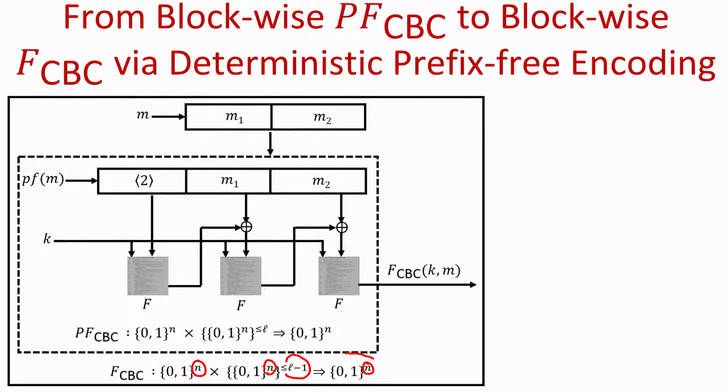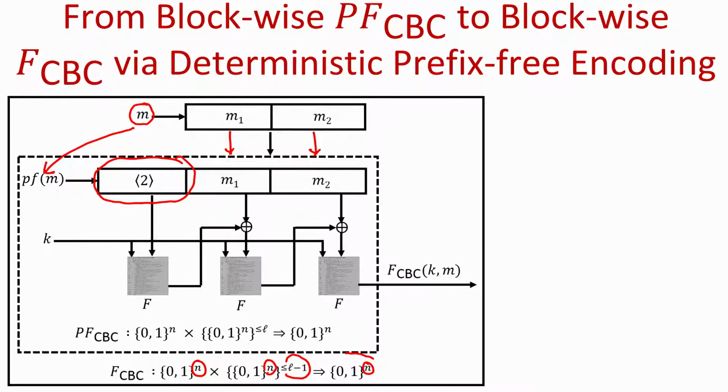So, what we will do is first convert this input M by applying our deterministic prefix free encoding. Namely, this message M is converted into an encoded input, and when we convert it into an encoded input, the message blocks are repeated as they are, and apart from that, at the beginning we now have a new block, namely the binary representation of the number of blocks that are there in M, right.